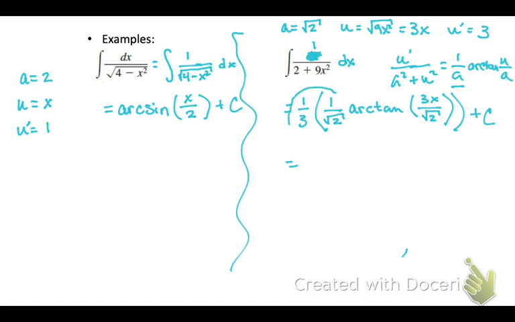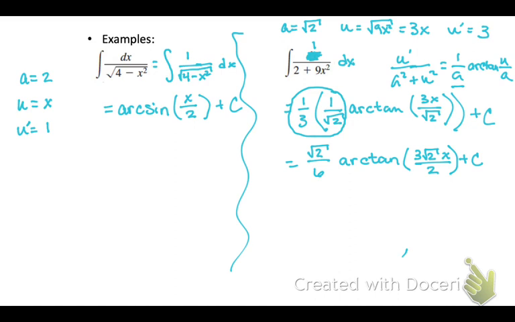Well, this would be what? Square root of 2 over 6 arctangent of 3 square root of 2x over 2.